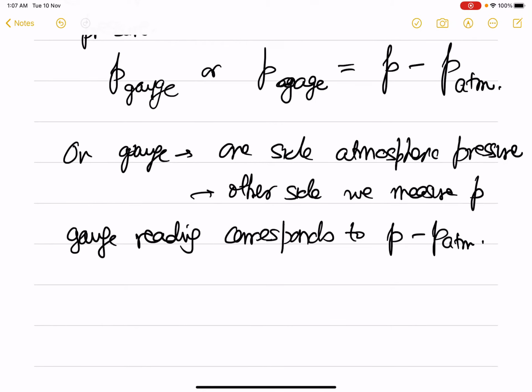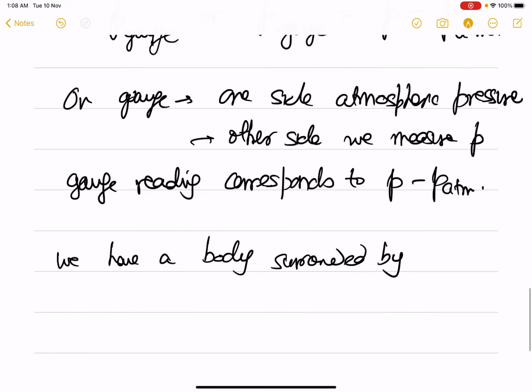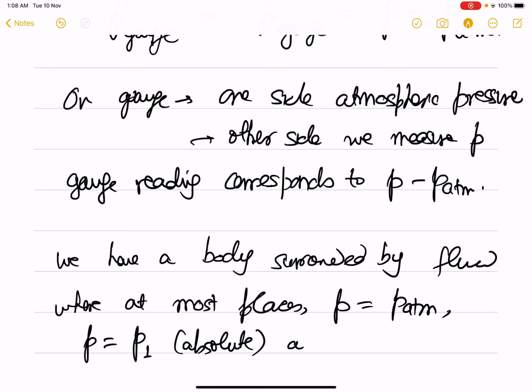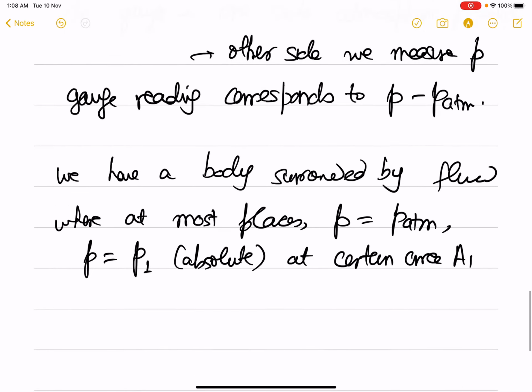Suppose we have a body surrounded by fluid where at most places pressure is equal to P atmosphere, and let us say P is equal to P1 at a certain area A1 of the body.